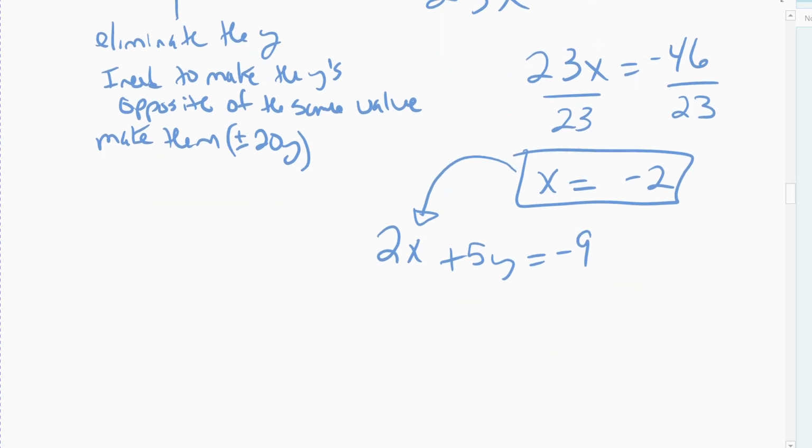If you pick the other equation, you could check against mine, and you should get the exact same y value. That's what makes them equivalent; they have to come out the same. So 2 times negative 2 plus 5y equals negative 9.